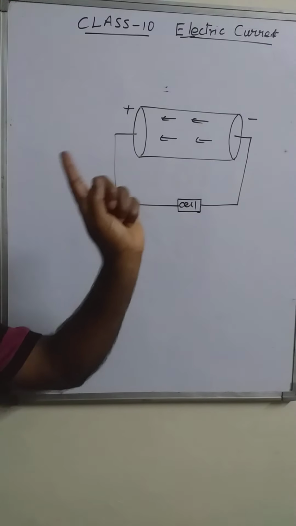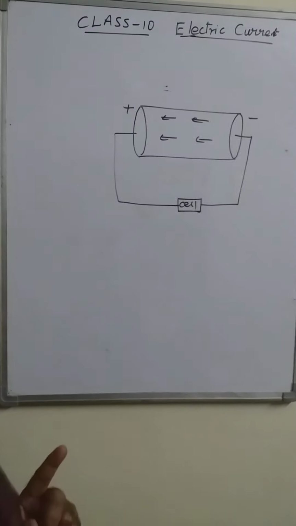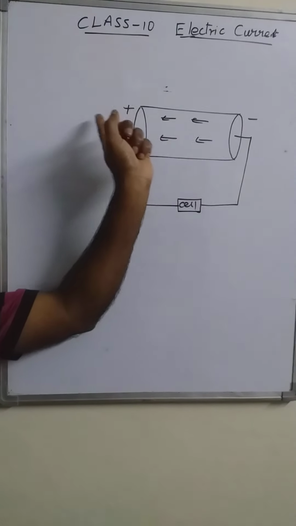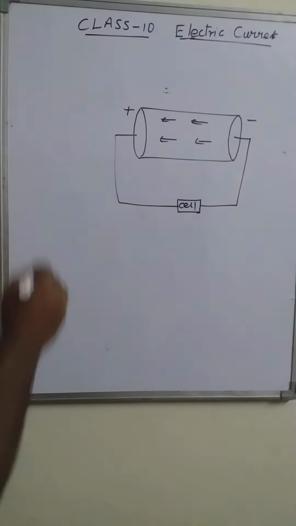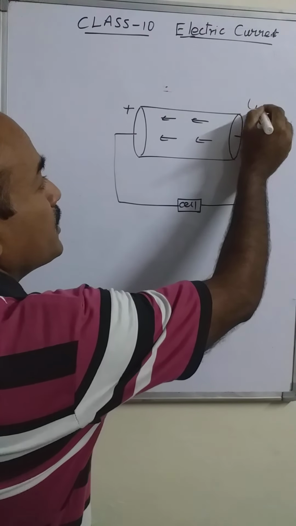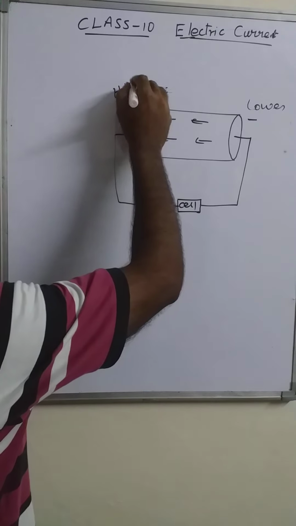Here the cell is the external agent. It is doing the work to move the charges from one terminal to another terminal. So definitely this must be at the lower potential and this is at the higher potential. So the electrons are moving from lower potential to higher potential. Negative is taken as the lower potential and positive is taken as the higher potential.